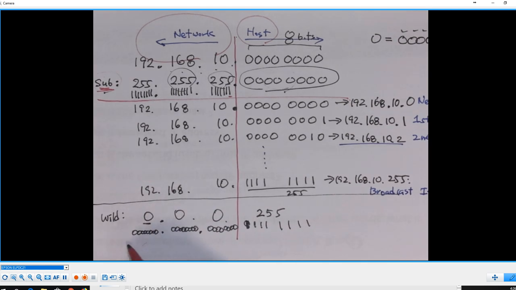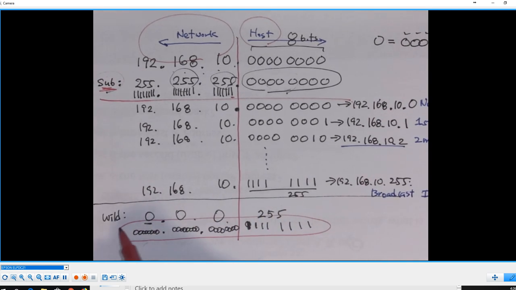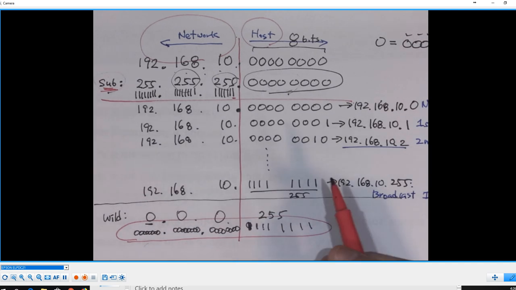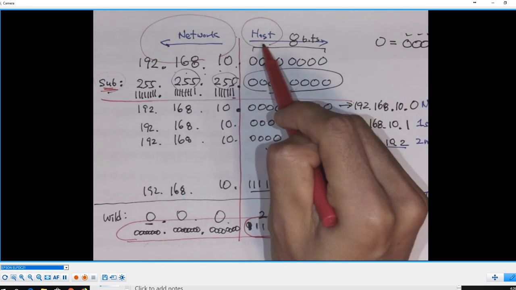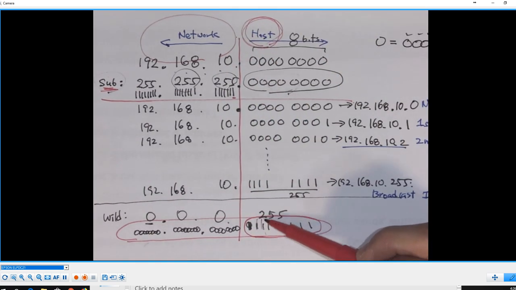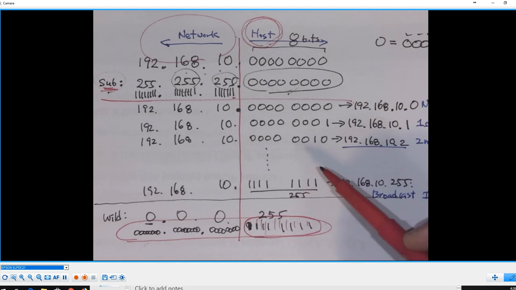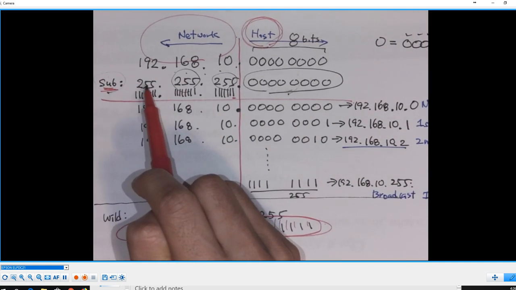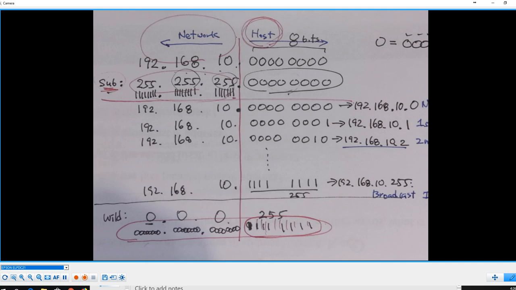So this is a wildcard mask. As you can see, the wildcard mask emphasizes the host positions by putting all ones in the host positions, whereas the subnet mask puts all the ones in the network positions, right? So this is a wildcard mask.